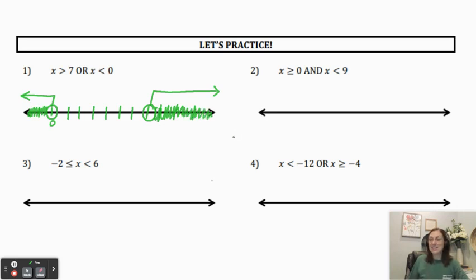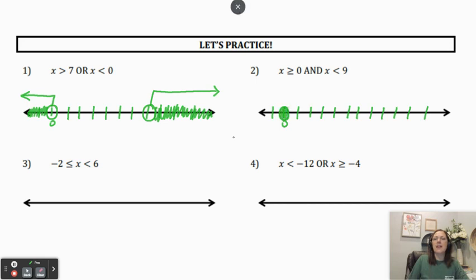All right, let's look at number 2 then. x is greater than or equal to 0, and x is less than 9. So I'm going to put some numbers on the number line. Okay, x is greater than or equal to 0, so we're putting a closed circle at 0.